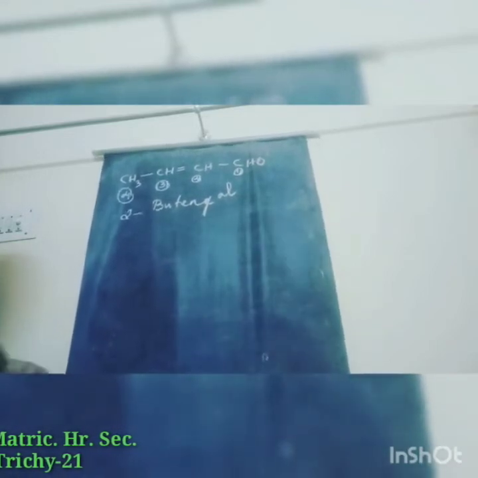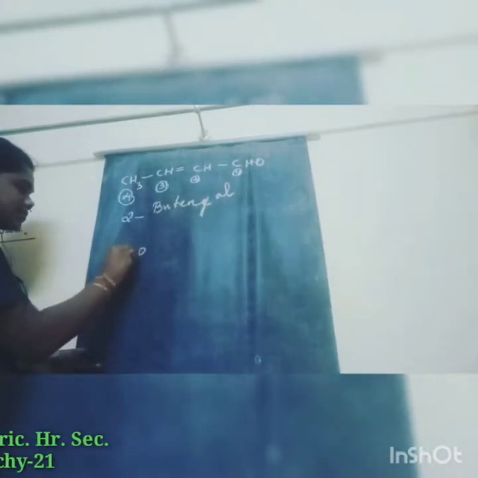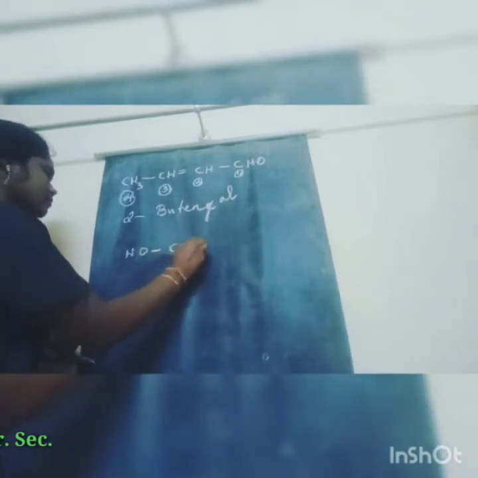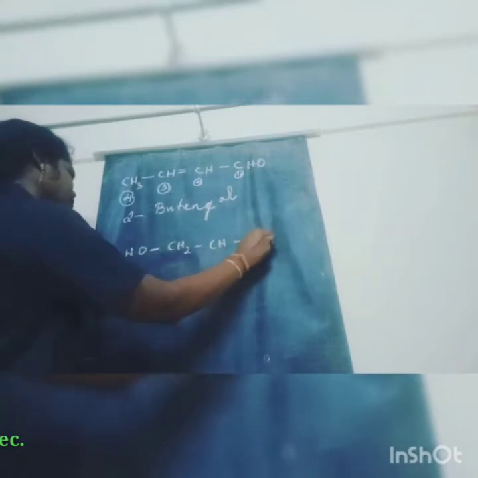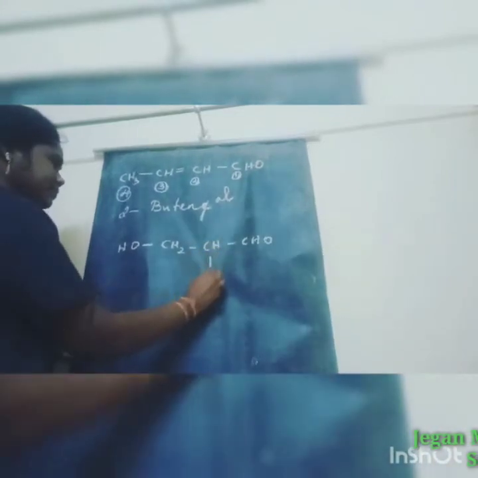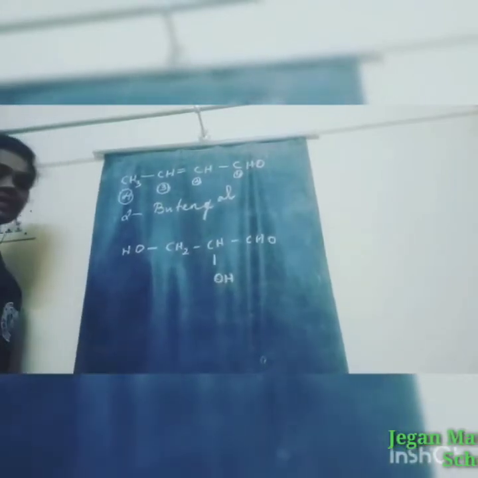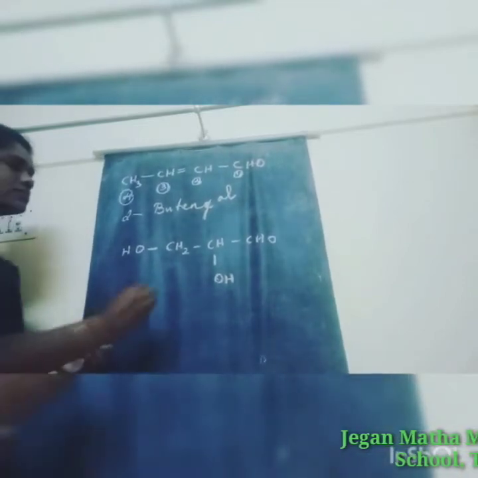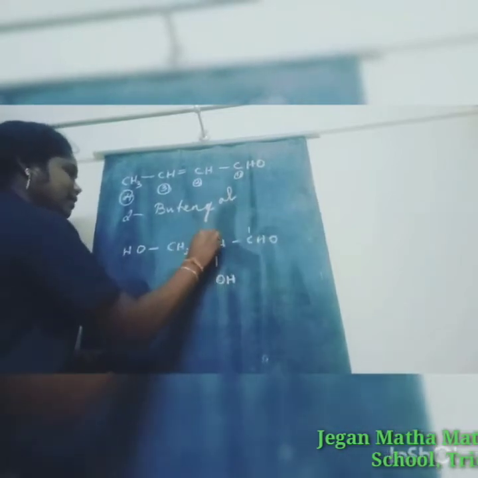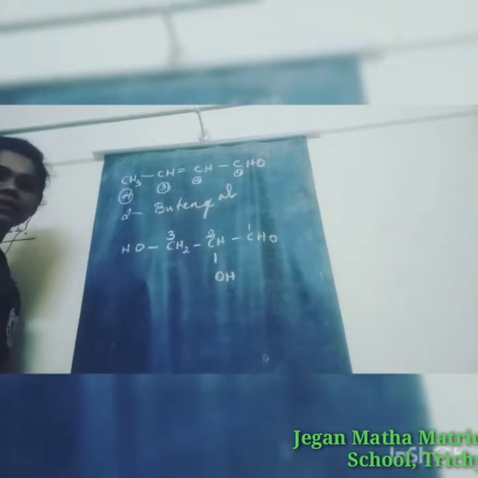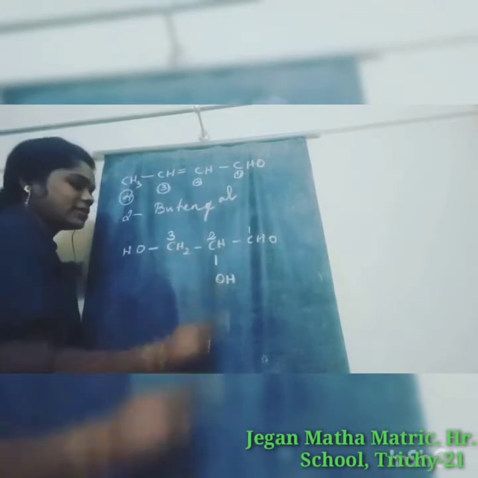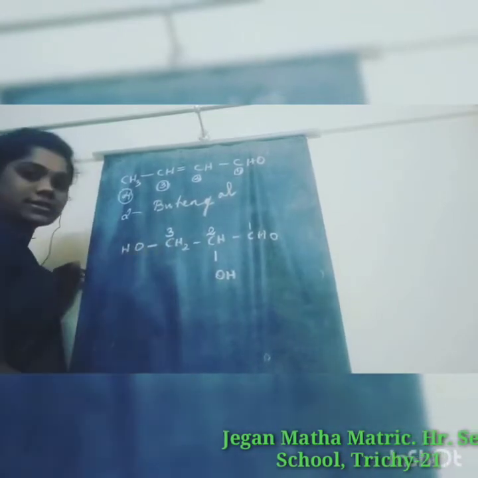And the next one is glyceraldehyde. The glyceraldehyde formula is CH2OH, CHOH, CHO. So how do we write the IUPAC name? First we put the numbers: first carbon, second carbon, and then third carbon. In the second carbon a hydroxy group is present, and in the third carbon also a hydroxy group is present.